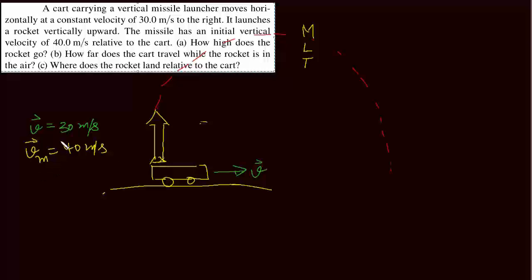Let me write C for the cart velocity. So the rocket has Vm in the vertical direction and Vc in the horizontal direction. So the first question is, how high does the rocket go?